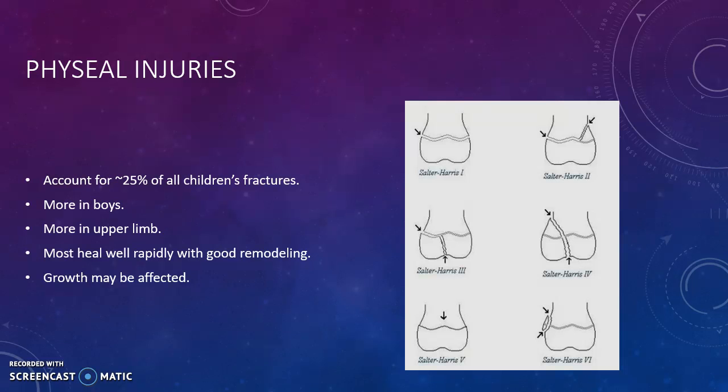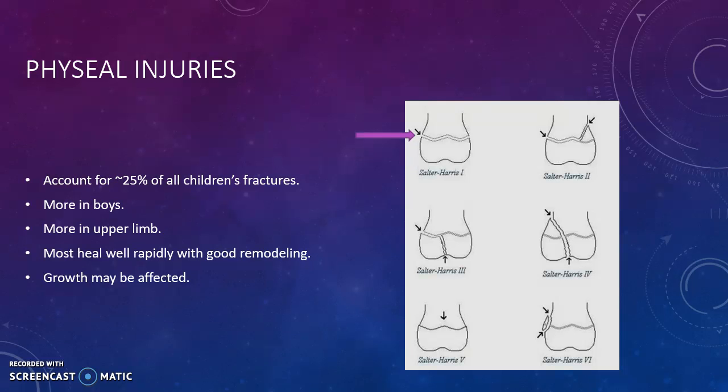Most heal well and rapidly with good remodeling, and sometimes there is a growth arrest as well. So there are six types in the Salter-Harris classification for the different types of physeal injuries.